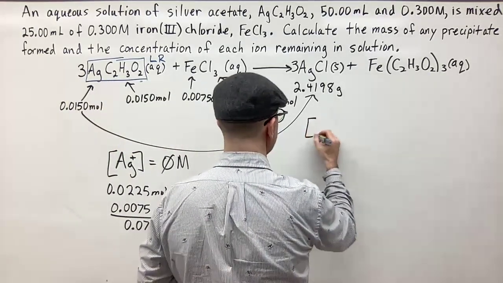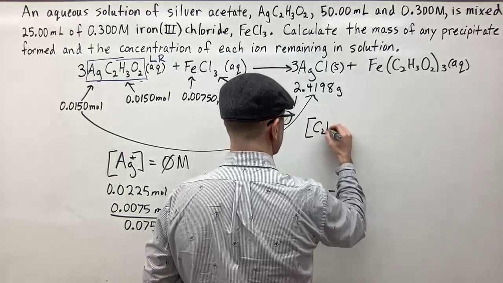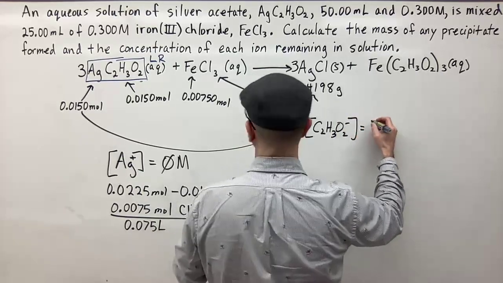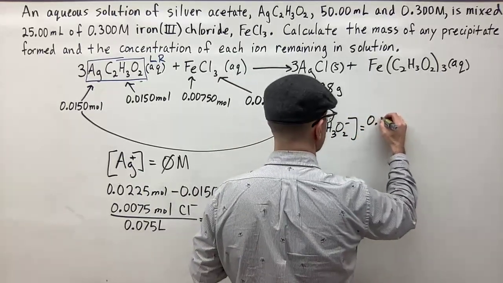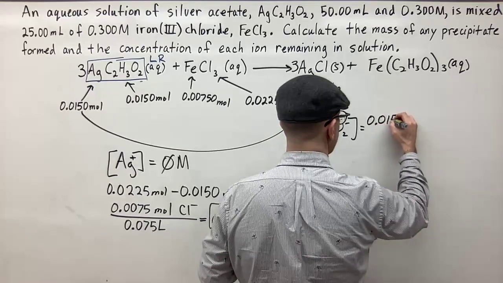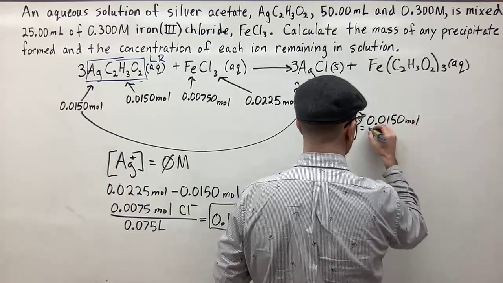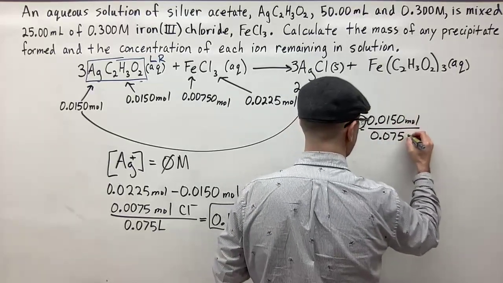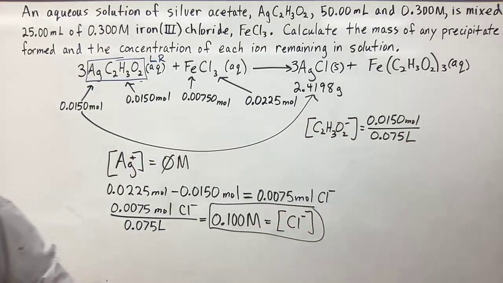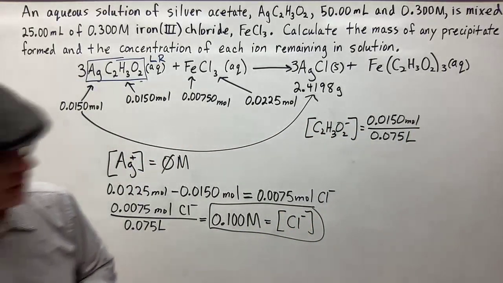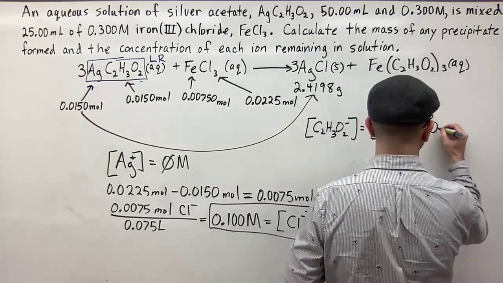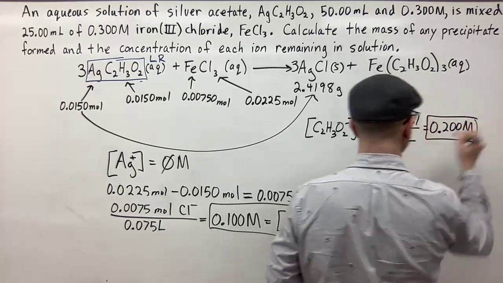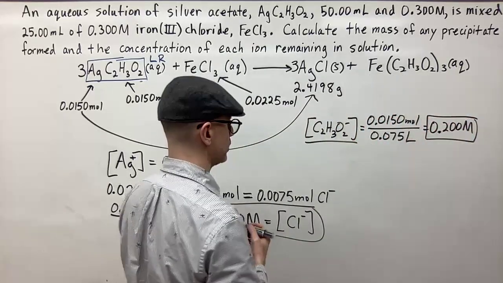So the molarity of acetate ion is going to be equal to 0.0150 moles divided by 0.075 liters. And when I calculate that, I get 0.200 molar for my acetate ion concentration.